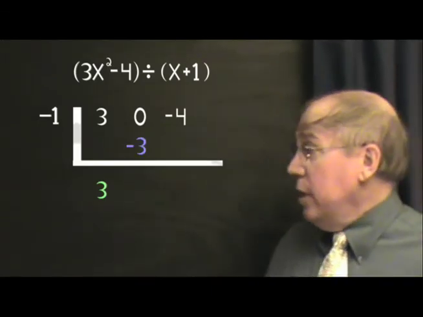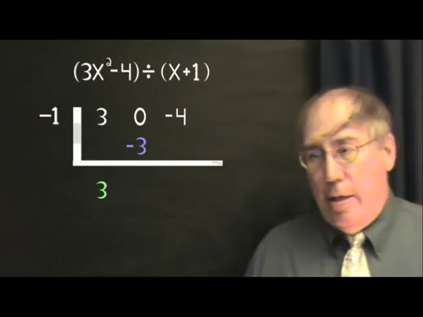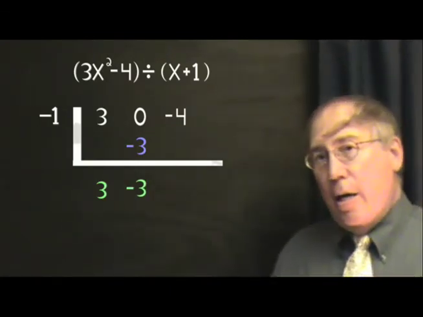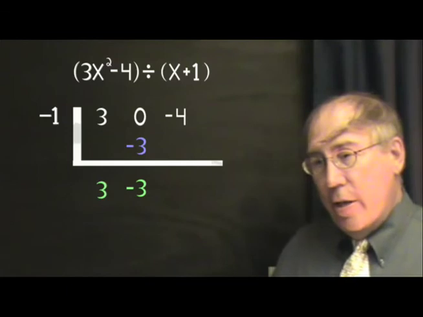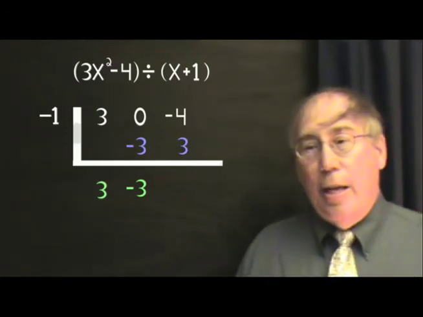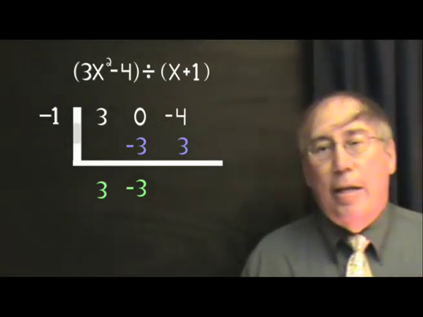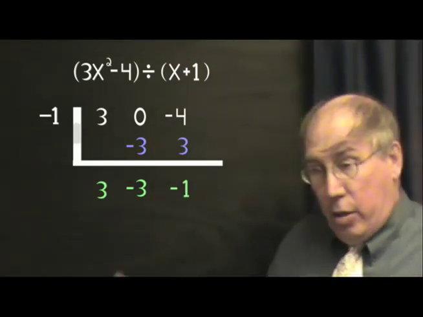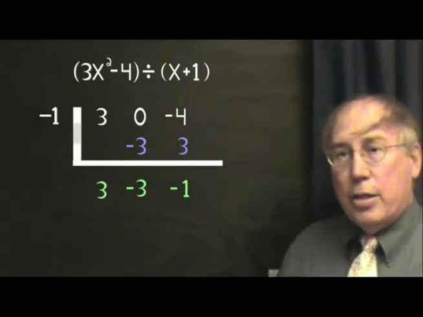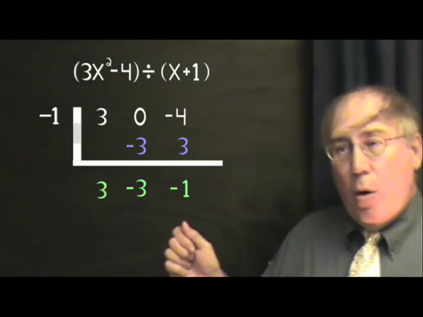Now add 0 and negative 3 together, and we get negative 3. Now multiply a negative 1 times the green negative 3, and we get 3. Add the negative 4 and the 3 together, and we'll get negative 1. So our answer is going to be 3x minus 3 minus 1 over x plus 1.